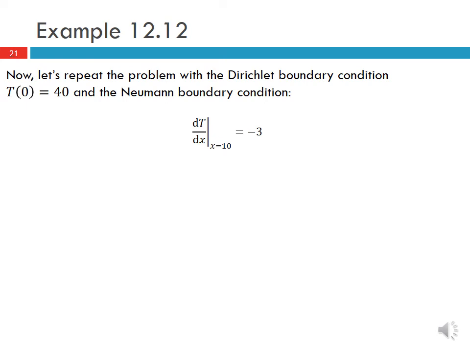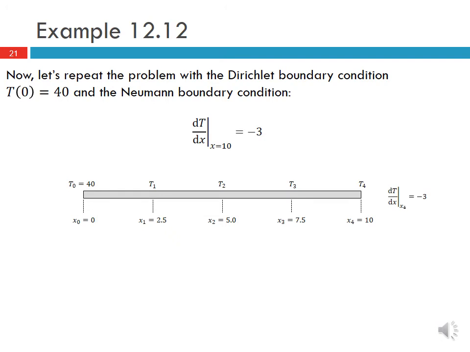So let's repeat this problem with, instead of using Dirichlet boundary conditions at both sides, one at the left side, so T0 is still equal to 40, and a Neumann boundary condition at the other end. So instead of specifying the temperature directly, we're going to say that the derivative of the temperature, dT/dx, at x equals 10 is equal to negative 3.